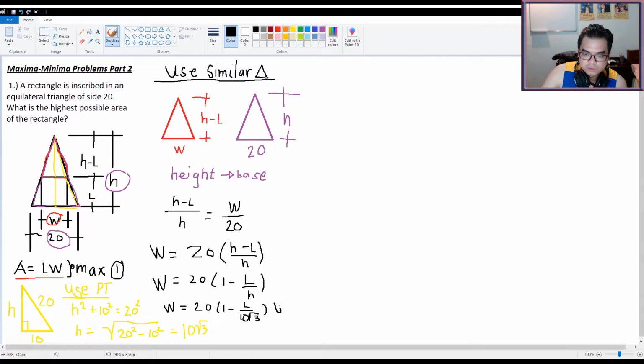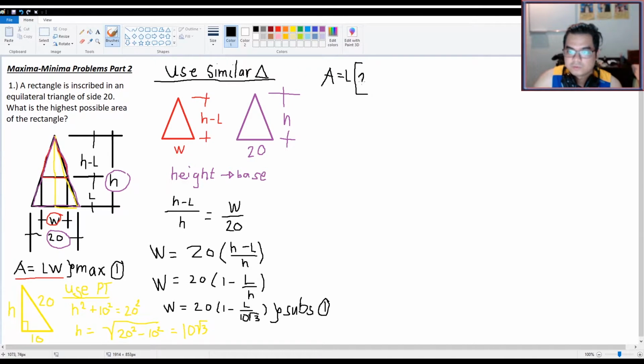And of course, what we will do here is substitute to equation 1. So we will have to substitute this here. So substituting that, area will now become equal to length, and your width will be replaced by this one, that is 20 times 1 minus length over 10 square root of 3.